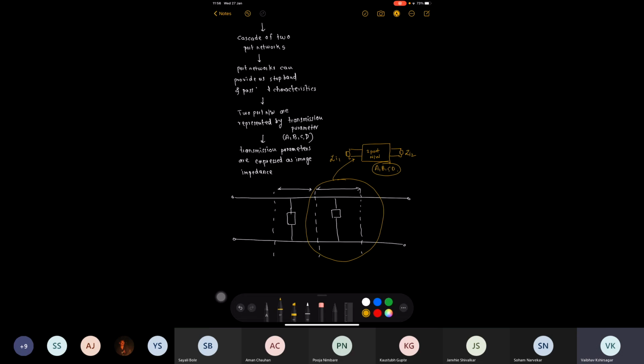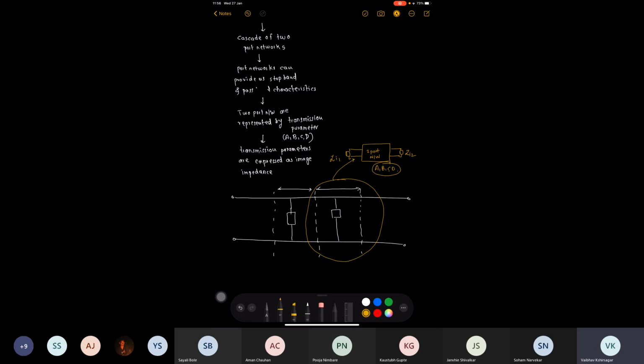So what we are doing basically, we are taking the transmission line and dividing it piecewise. We call them a unit cell after loading with a reactive element, in order to exhibit passband and stopband characteristics. We are taking the piece of that transmission line and converting it into a two-port network.